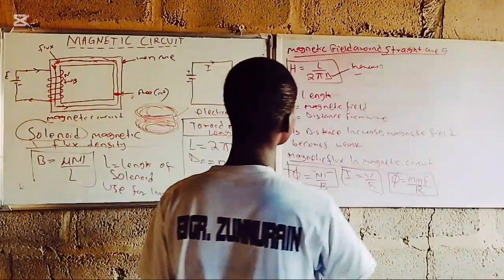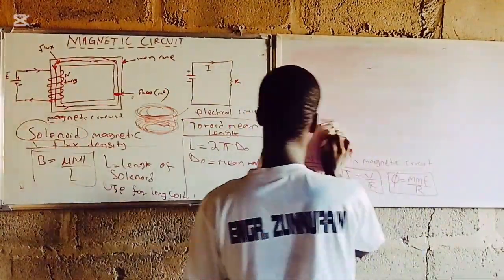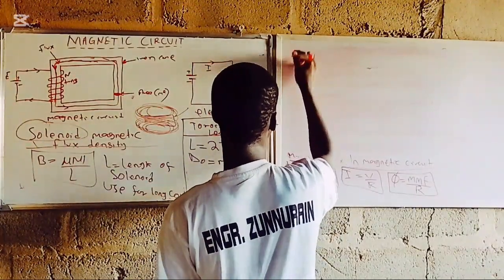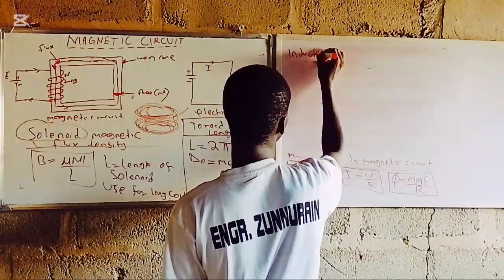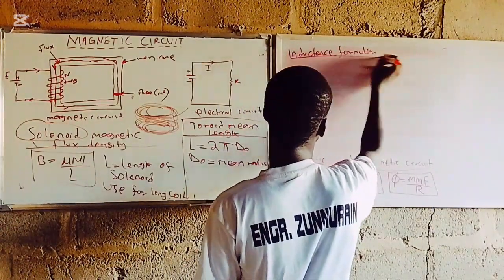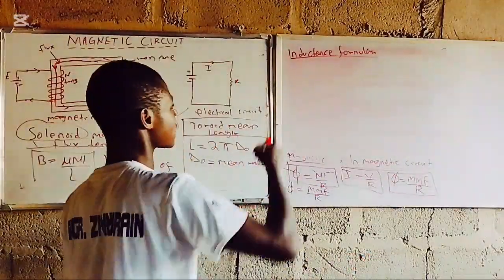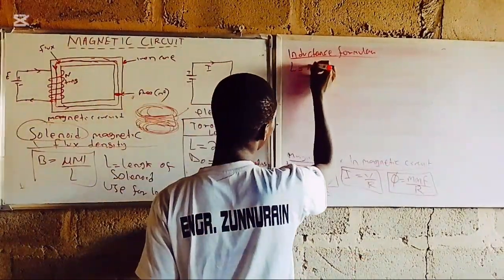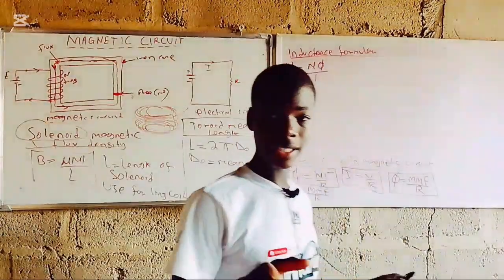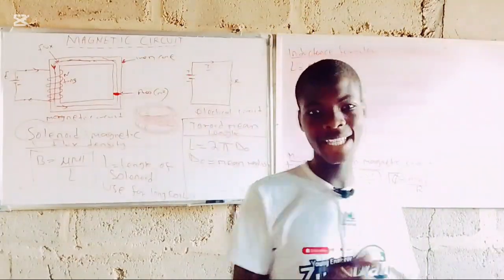We have the inductance formula. It says L equals N flux over I. Inductance measures the ability of a coil to store magnetic energy.